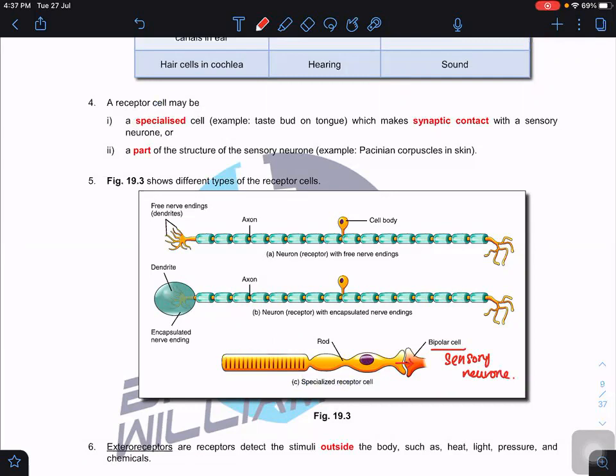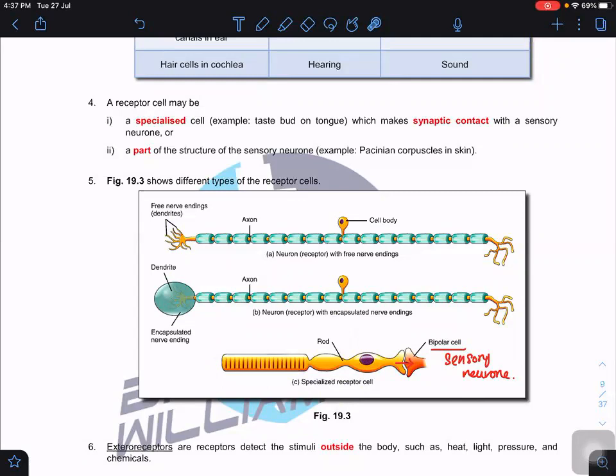So if you look at this structure, the rod cell is not a sensory neuron. The rod cell is a specialized receptor cell. These specialized receptor cells can synapse with our sensory neuron and allow the sensory neuron to generate the action potential. So where is the receptor potential? The receptor potential can only be generated at the receptor there.